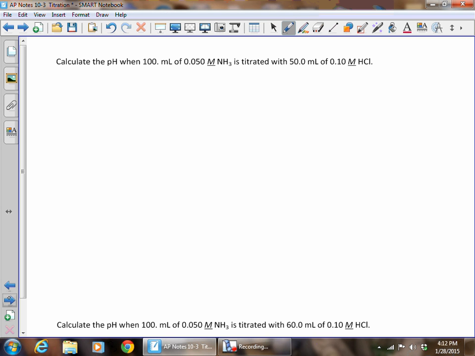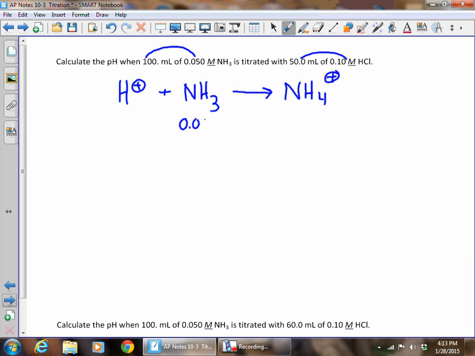So we've got the same situation, the same reaction, the strong reaction we talked about before. We're starting out with H plus and NH3. The strong is driving the reaction, and we get that NH4 plus. It'll be the same reaction to start every time. If you do the calculations, we've still got the same amount of NH3 that we started with, which is 0.0050 moles.